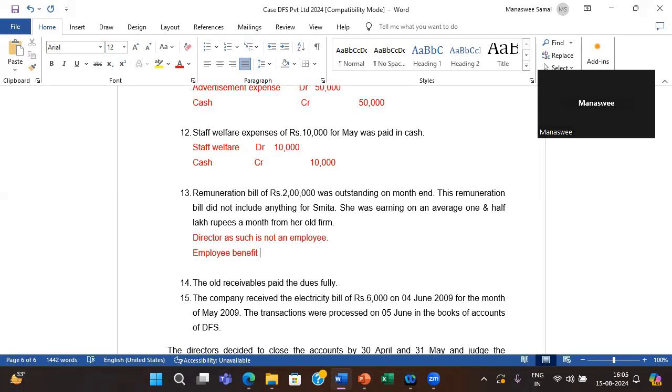For corporate employee related expenses, please use this language always, because understand that in a company, employees might have been given stock options, might have been promised post retirement, let us say hospital facility, free treatment, etc. So salary is just one typical component of overall employee benefit. Therefore, move away from the word salary to employee benefit. This is the language you'll find. Employee benefit debit and 2 lakh.